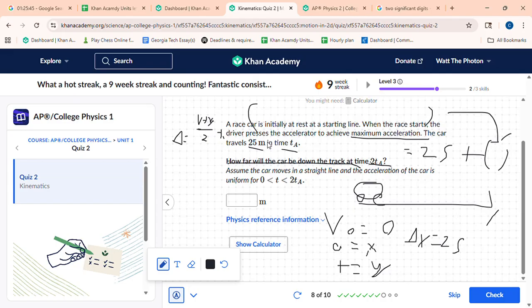Multiplying across, we get 50 over 100 equals a. So a is equal to 1/2, time is equal to 10.